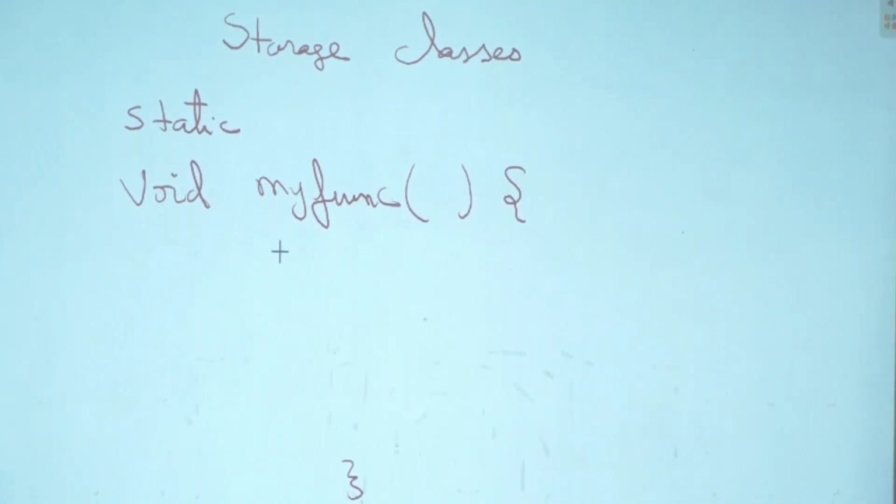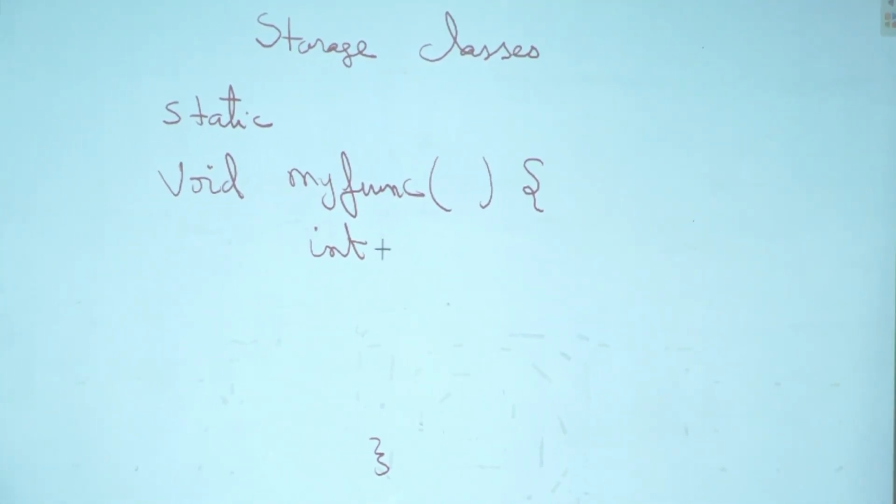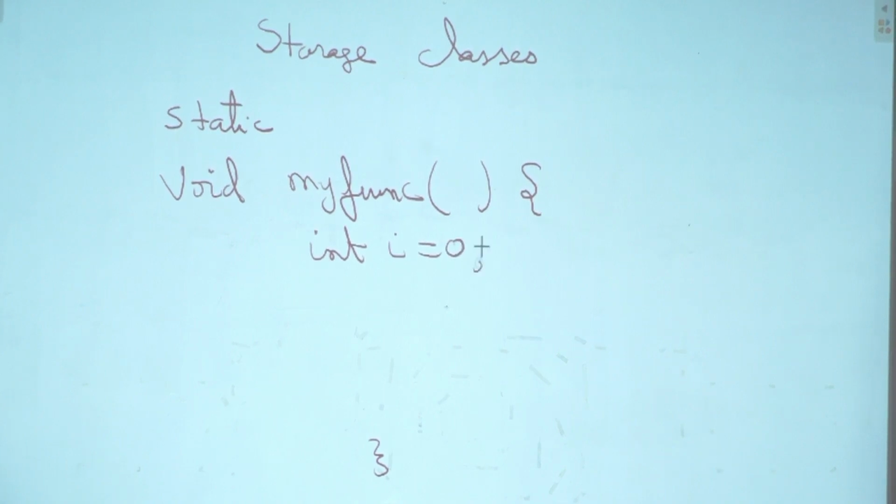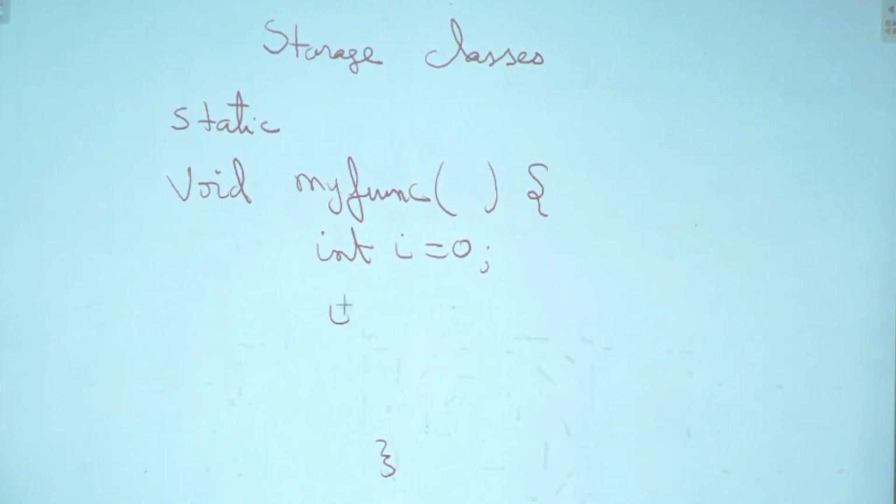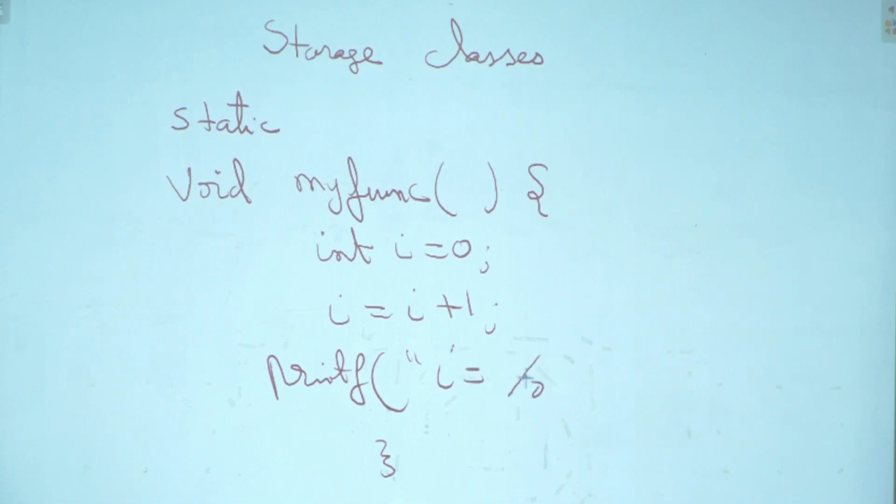Now I have one variable, int i equal to 0. I initialize it to 0. Then I say i equal to i plus 1. And then I say printf "i equal to %d\n", i, and that's it.